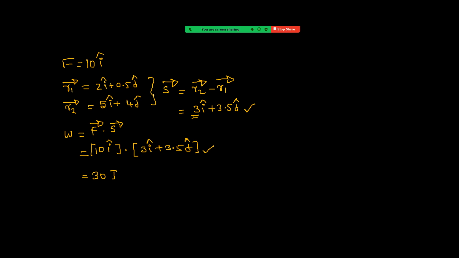Force is along positive x-axis and the component is also along positive x, so directly it is 10 into 3. Without making it F bar dot S bar, we can directly write it. That is the main intention of this problem. Displacement is 5 minus 2, that is 3 along the x-axis, and 3 into 10 is 30. So keep in mind whenever force is constant, directly focus on the displacement component along that force. That simplifies the problem.